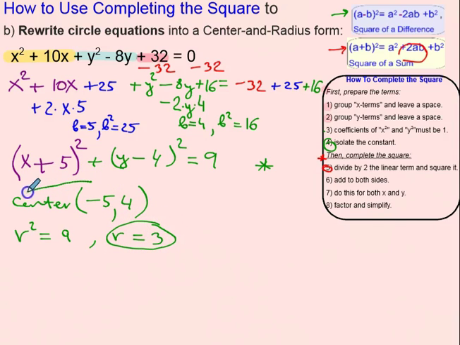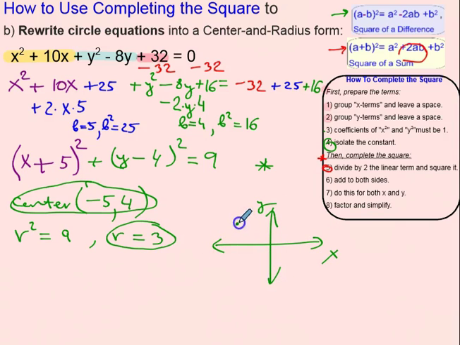And these are the two main characteristics of your circle. So if you were to plot it, we can make a little diagram for it. (-5, 4) for the center. You would find the radius of 3, and that would be your circle right here. And that's the end.